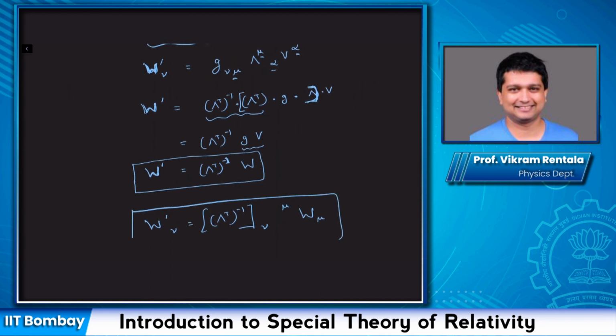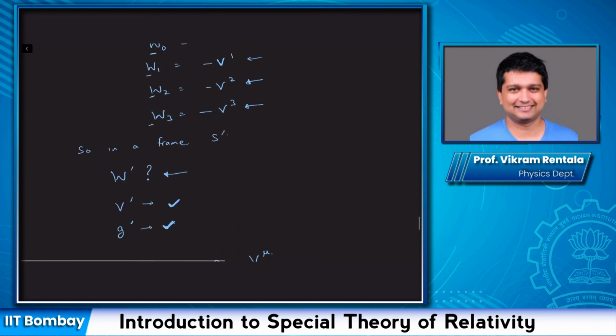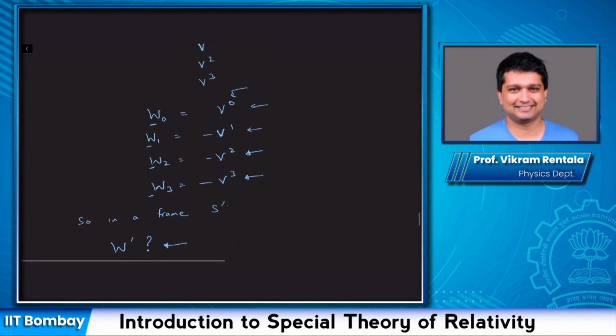So this is the law in index notation for the transformation of W. This law is not an independent law, it just comes out from the law of transformation of our regular contravariant 4 vectors.